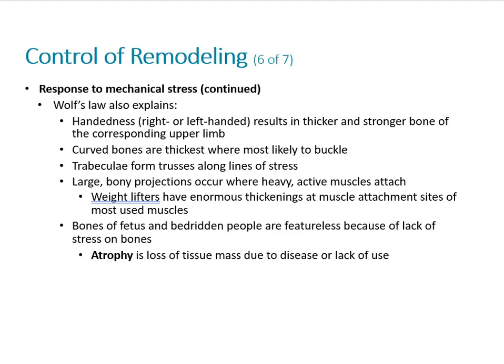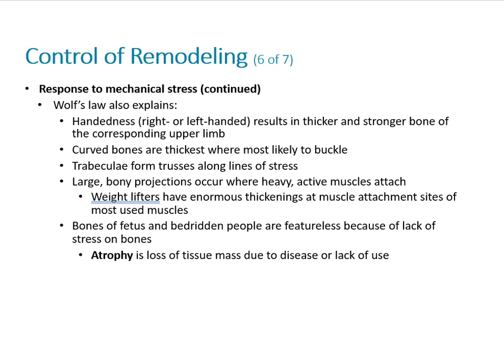Wolff's Law also explains left and right-handedness, which results in thicker and stronger bone of the corresponding upper limb. Curved bones tend to be the thickest where they're most likely to buckle, in the center or on the edges. And trabeculae are used in bone because they have curved edges, and that is going to truss up or strengthen areas that are under stress. You'll also learn more about bone naming and looking at large bony projections.